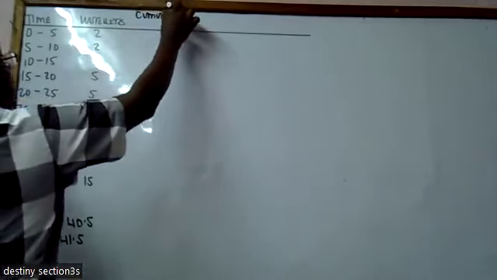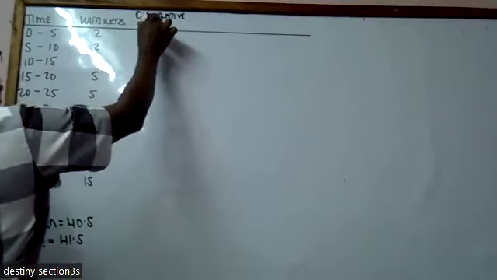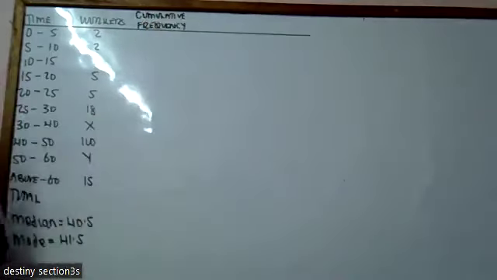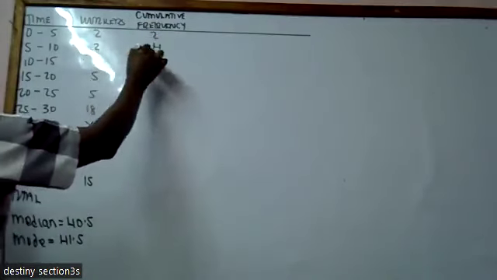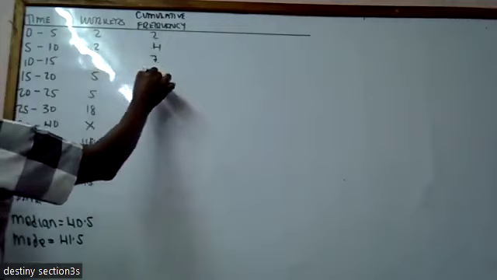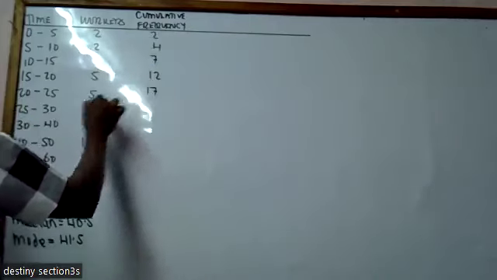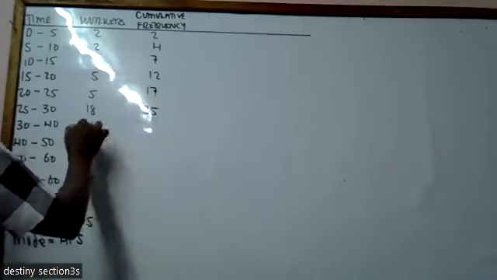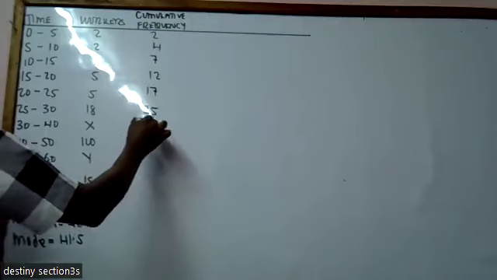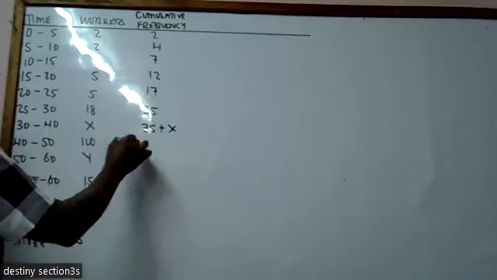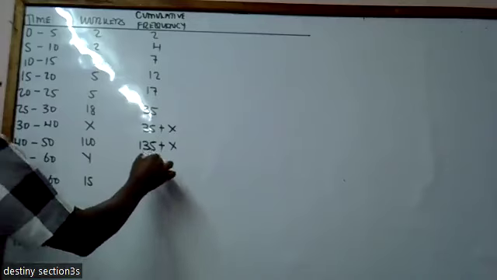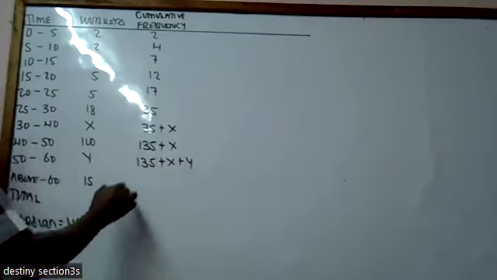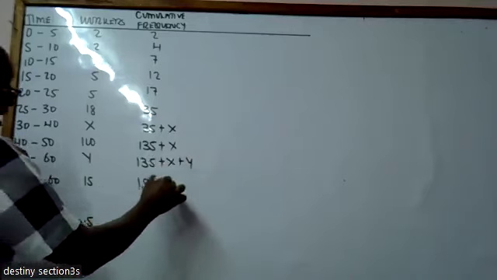The cumulative frequency will be created like this: 2, 2 plus 2 is 4, plus 3 is 7, plus 5 is 12, plus 5 is 17, plus 18 is 35, plus X that will be 35 plus X, plus 100 that will be 135 plus X, plus Y, then 150 plus X plus Y.